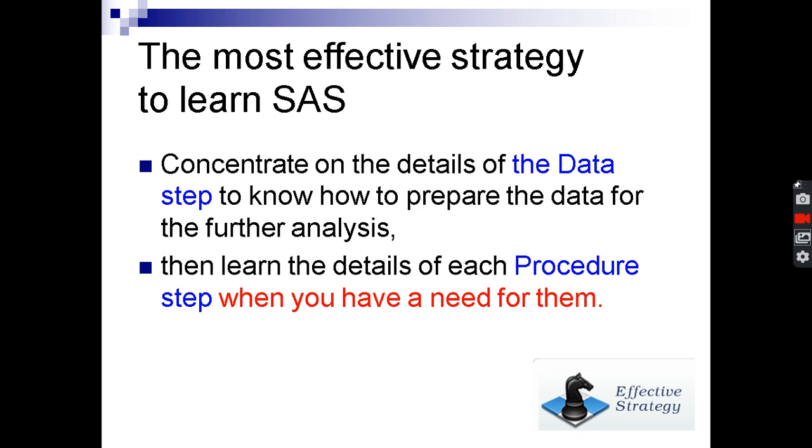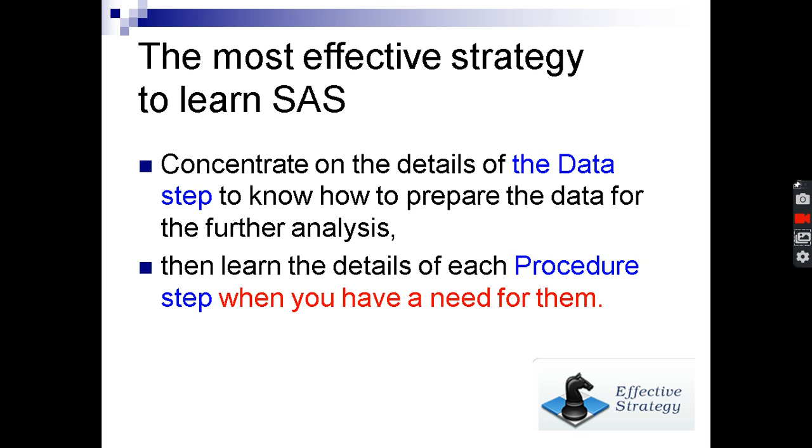So for SAS, first you need to manipulate your data in the data step for future analysis, and then you do the modeling in the procedure step, or proc step.